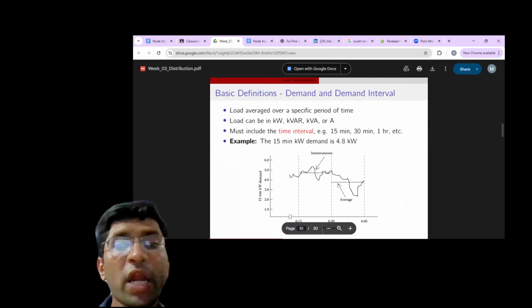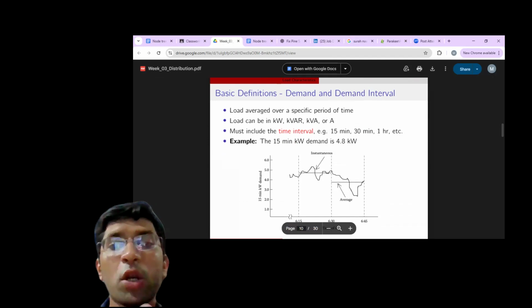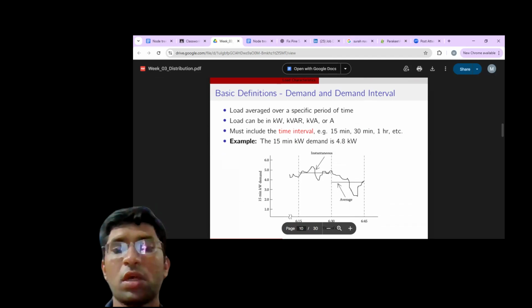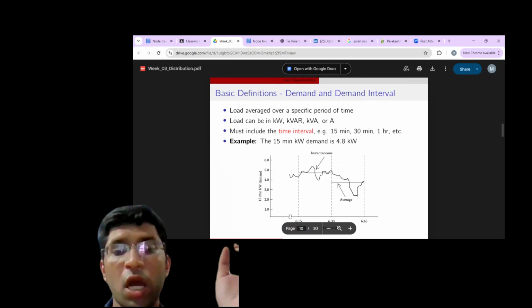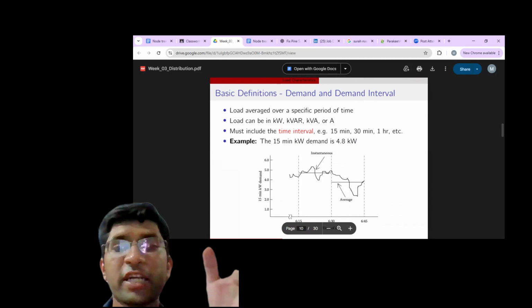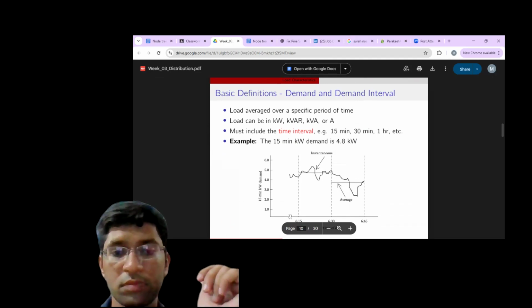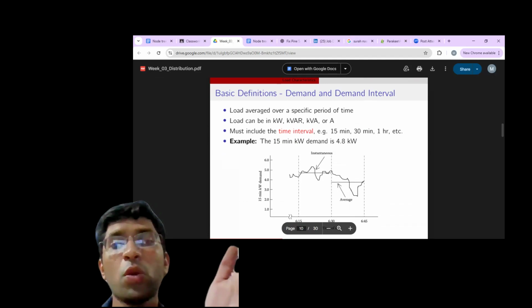So the load averaged over a specific period of time is known as demand. Load can be in kilowatts, kilovars, kilovolt-amperes or amperes, like we know reactive power. So they must include the time interval.